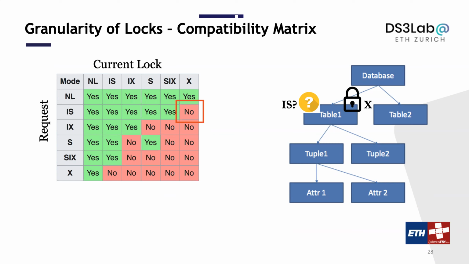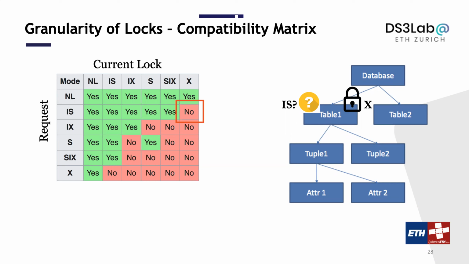In this case, no, of course not. The only reason I'm acquiring an intention shared lock on table 1 is because I want to have shared locks on some tuples. On the other hand, some other transaction is holding an exclusive lock, meaning that transaction can inherently do whatever it wants on every single tuple within this table.